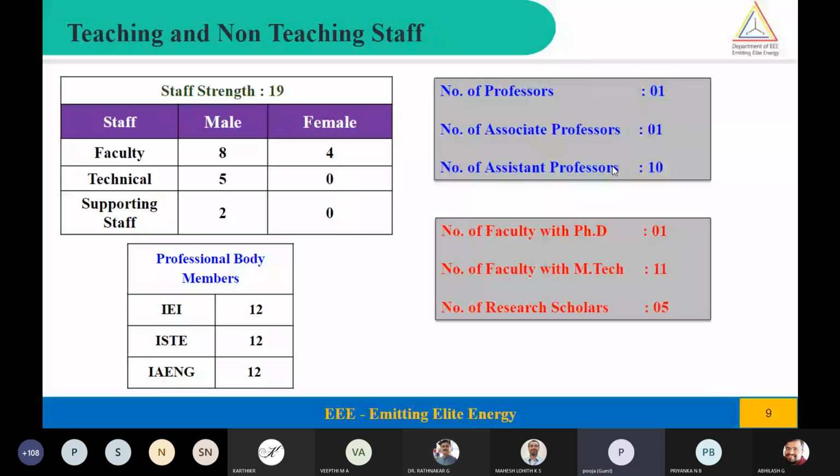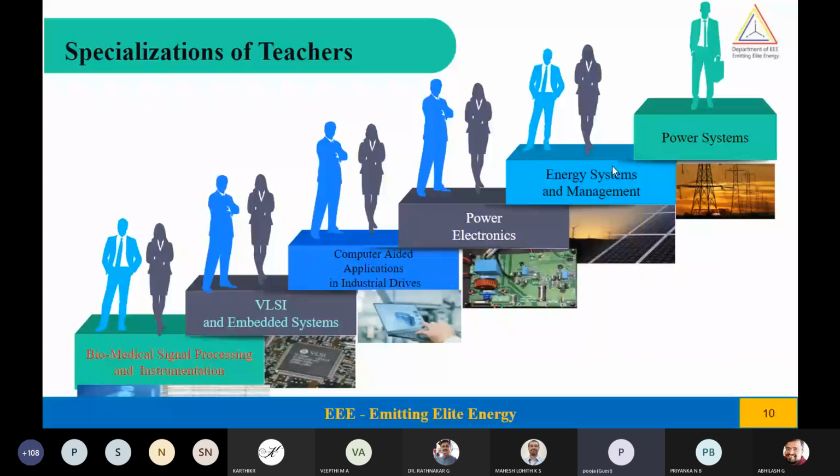All our faculty members are from different specializations. We have about 6 specializations: biomedical signal processing and instrumentation, VLSI and embedded systems, computer-aided application management, power electronics, energy systems, and power systems. Look at the variety of specializations that we have in our department.